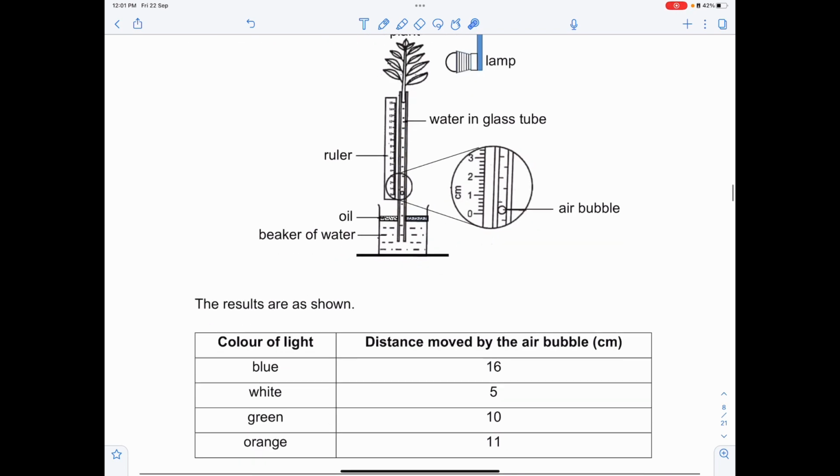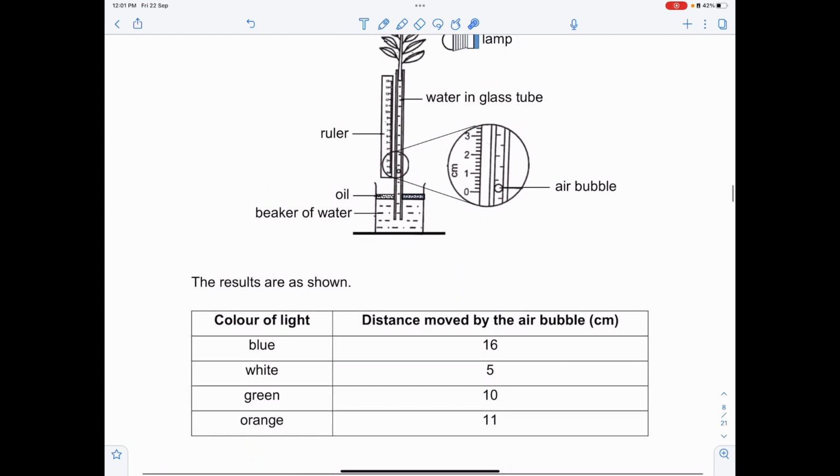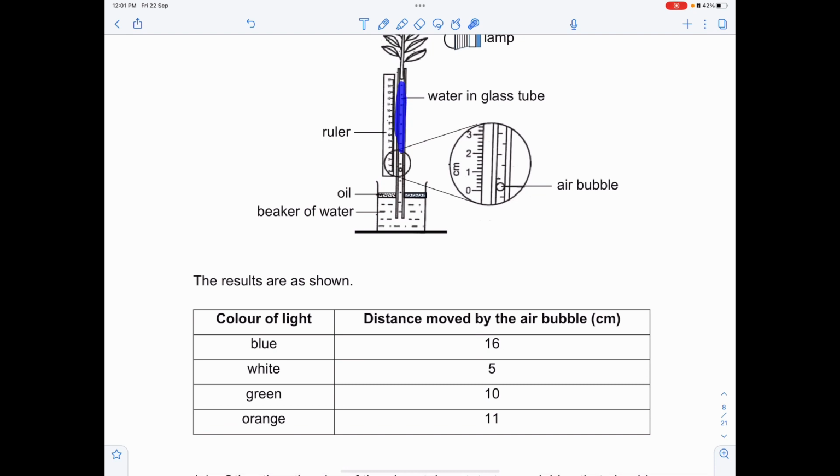Okay? So, therefore, take a look over here. Obviously, the more water it uses up, the greater the distance traveled by the air bubble. This is a novel way of measuring things. Usually, you see the number of bubbles in water plants. But actually, this is a very common secondary school question paper, in Set 4, O levels.